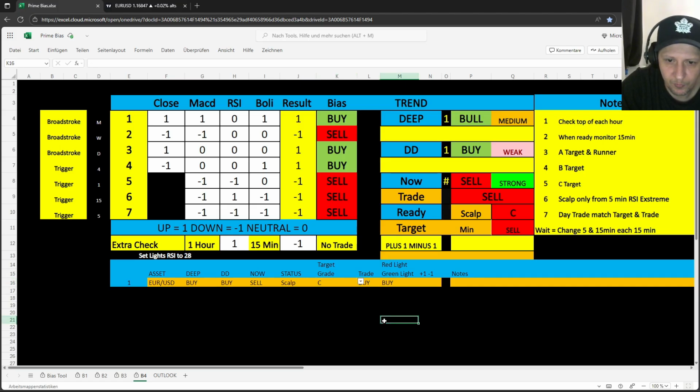So the trade is sell. Red light, green light. I didn't make it now, but I will make it later. I will show you how this works.